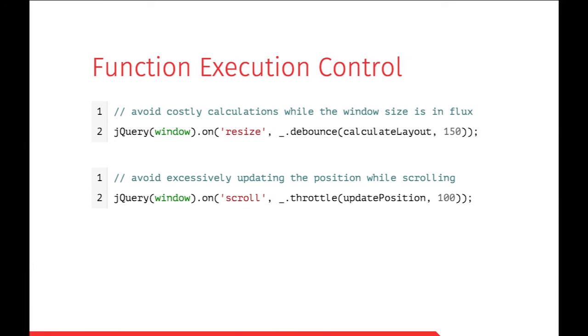Quite useful. I'm sure other libraries have it, but as I mentioned, Lodash is utilitarian and consistent, so the methods work the same way. It's better when everything works the same way.